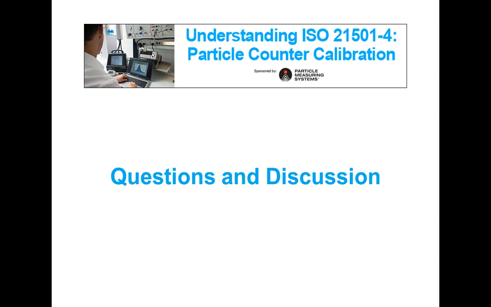So if your particle counter is not compliant with the ISO 21501 standard, it means that most probably it was produced at least 10 years ago or even more. So there are different reasons why the accuracy of the particle counter you're using may not be the same as the actual available particle counters.